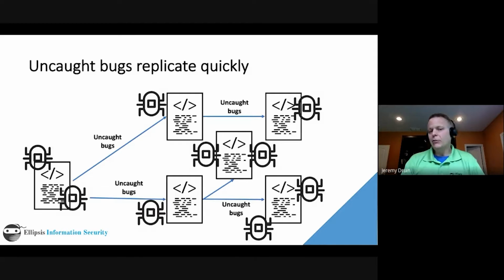If there's a problem on one of those screens or one of those pages, we tend to copy the code that we can reuse from page to page, or we tend to put the code into a library and all the pages all use that code. And so as we create more and more functionality, these bugs are replicating themselves. They're getting literally copied and pasted and ending up all over the place.